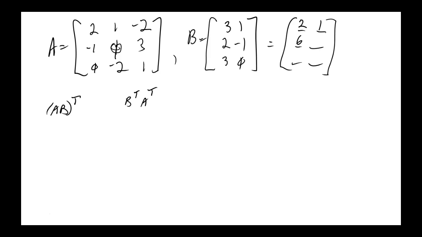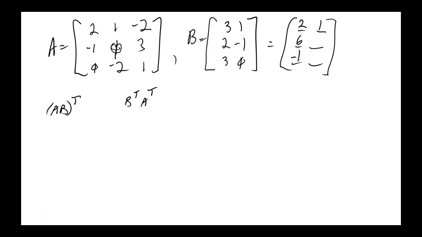Third row, first column. Okay? So that would be a -1. A -4 plus 3 is -1. Perfect.